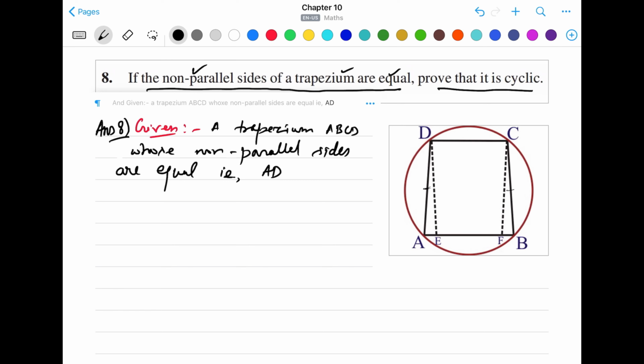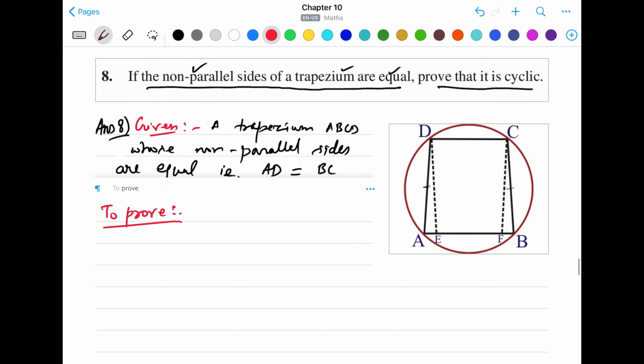You can say that is AD equals BC. So this is what is given to us. What we have to prove is that ABCD is a cyclic trapezium.